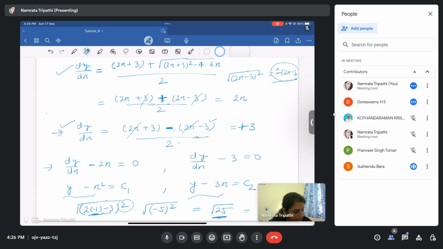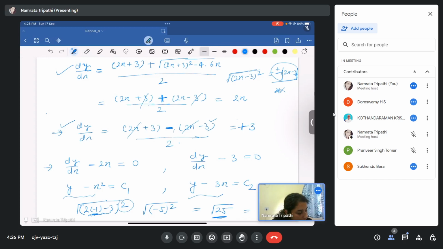That's why under root 2x minus 3 whole square equals mod 2x minus 3. Okay, this is mod. So when it's greater than 3 by 2, it should be positive, and when it's less than 3 by 2, it should be negative. Less than 3 by 2, it should be minus 2x plus.